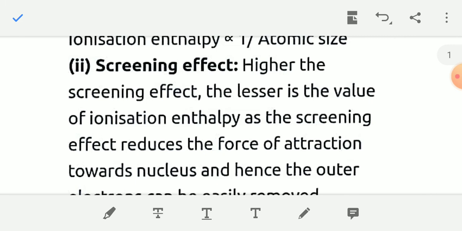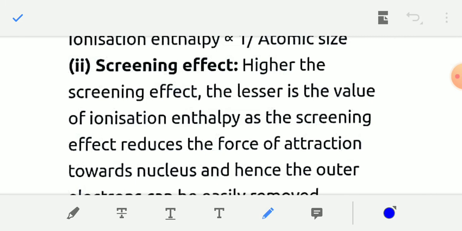Second factor which affects the ionization enthalpy is the screening effect of inner filled orbitals.